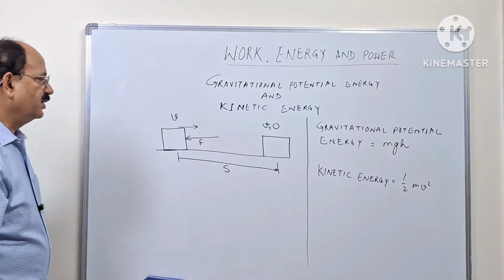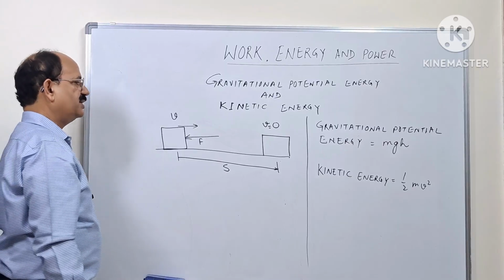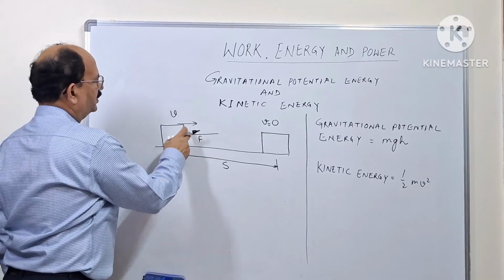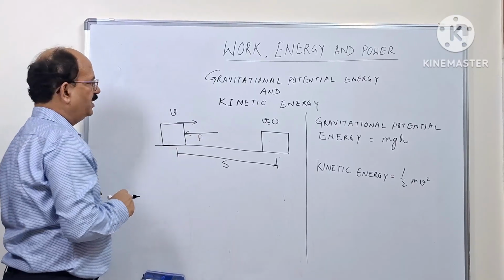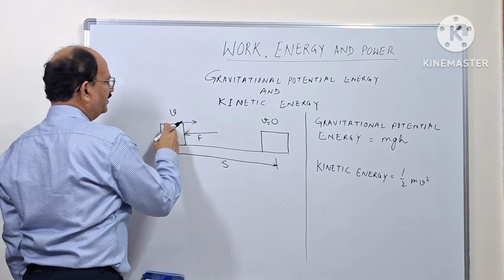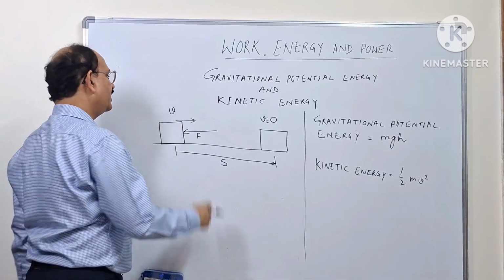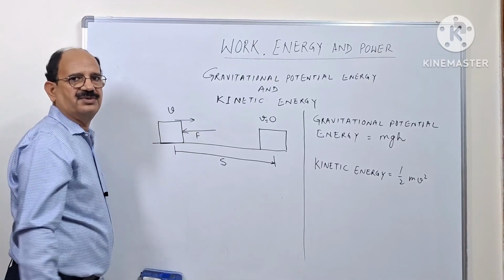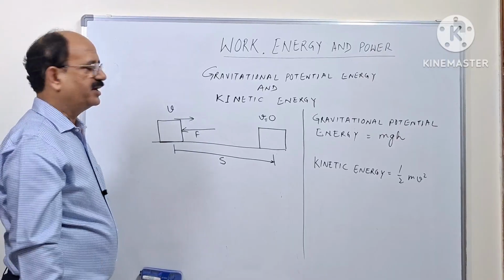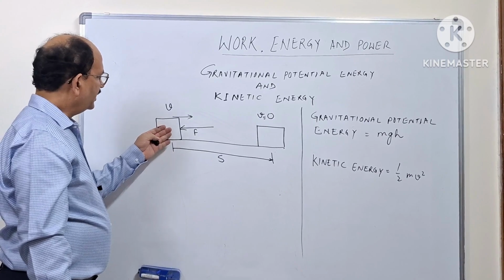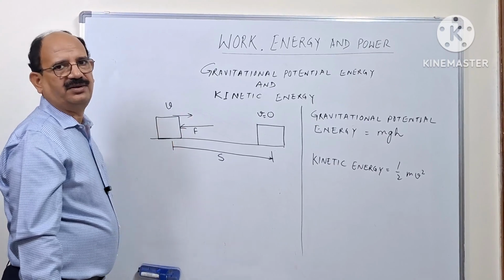Okay. So the kinetic energy is defined as the work done by the opposite force in bringing the body from speed v to speed 0, or to rest. Whatever work has been done by this opposing force, that will be the kinetic energy of this body at the time when the force is applied.